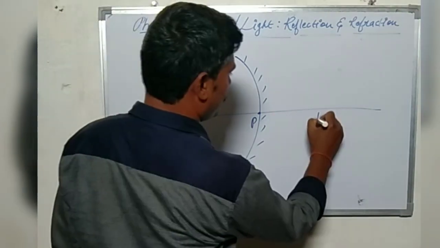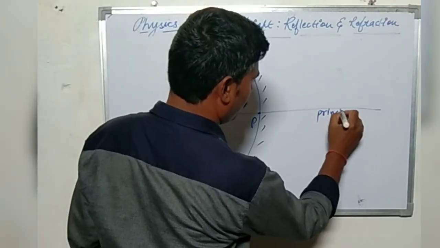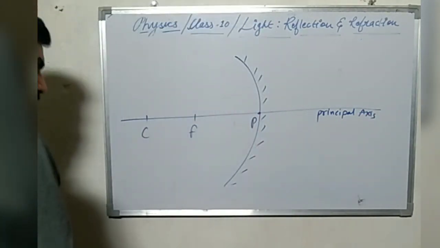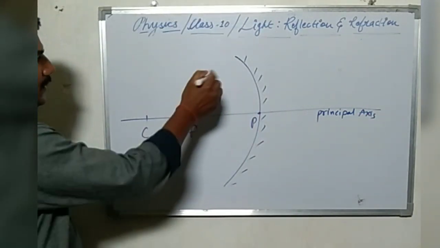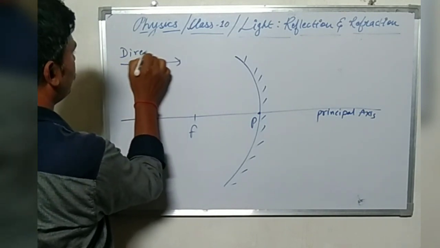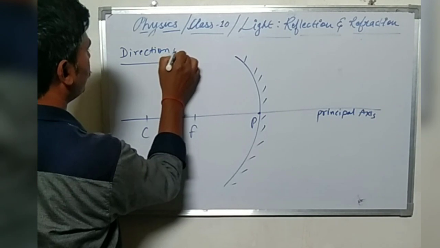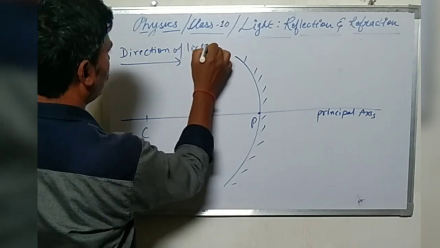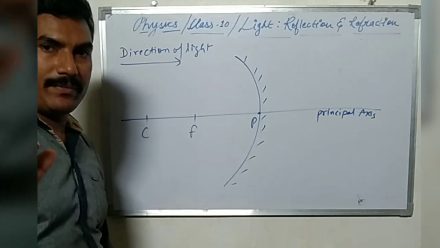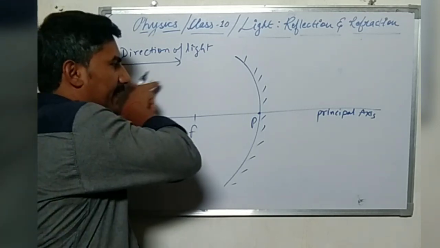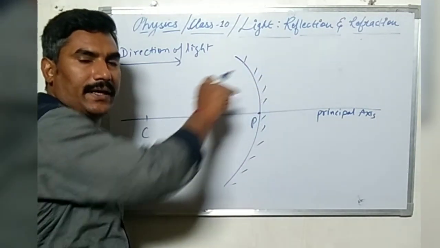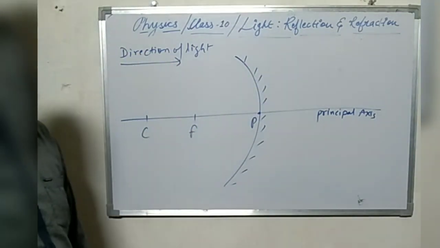This is the principal axis, as you all know. The direction of light is this. Any measurement which is in the direction of the ray of light is taken as positive.